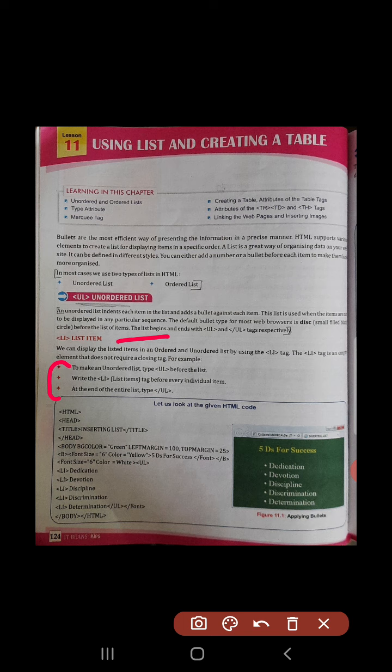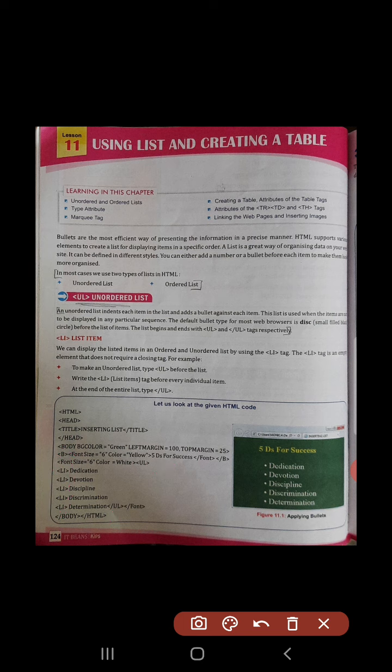Next, you have to write down this whole program in your fair computer copy in the practical portion. This program includes UL and /UL and the list item, that is LI command.